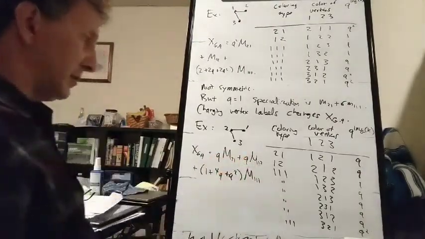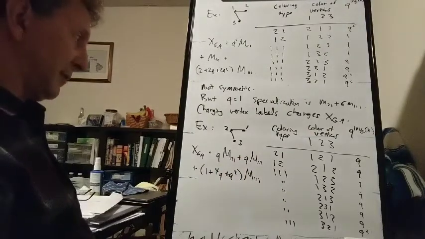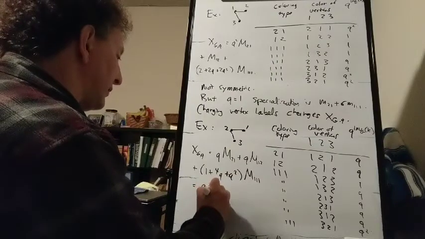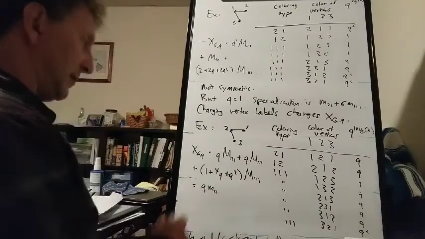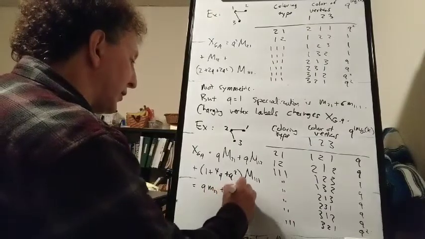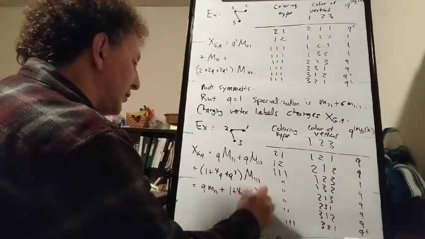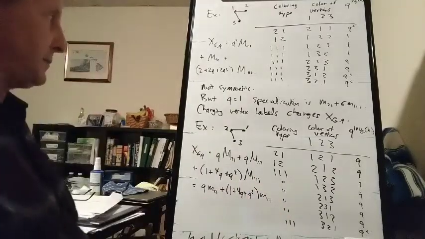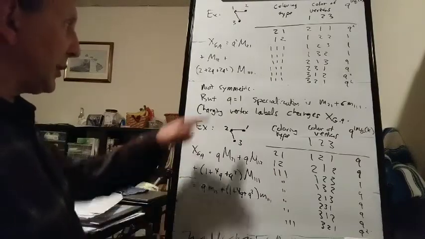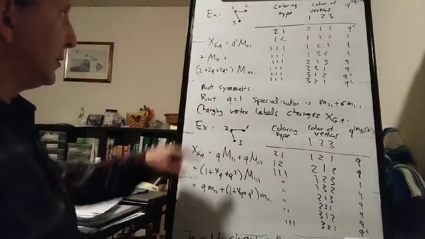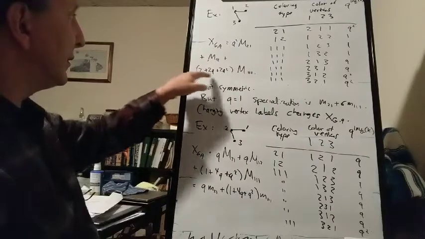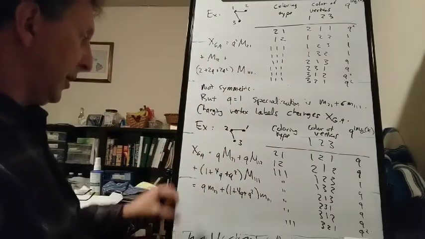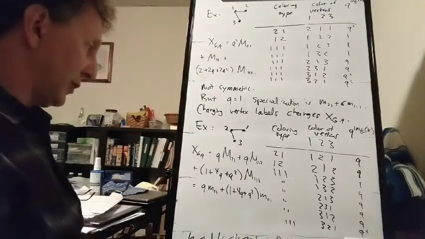Now these two monomial quasi-symmetric functions have the same coefficient, so this is q times little m21 plus 1 plus 4q plus q squared little m111, which is the same as big M111. So again, we have the same q equals 1 specialization, 1, 1, and 6. But this is symmetric even before we specialize.